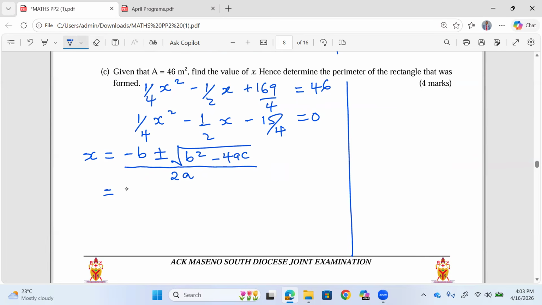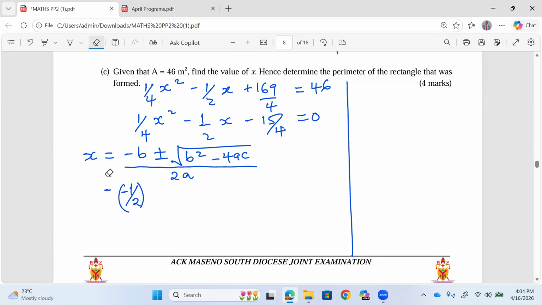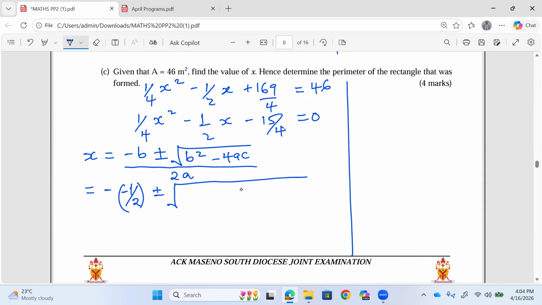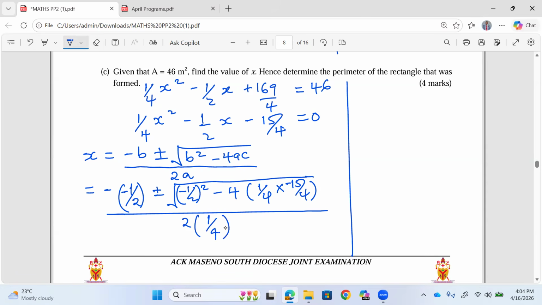So we compute now negative negative half, because it's negative b, plus or minus the square root of negative half squared minus 4, a is a quarter, and c is negative 15/4. Then everything over 2 times a quarter.